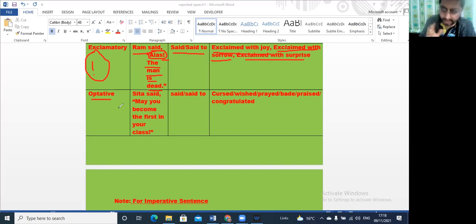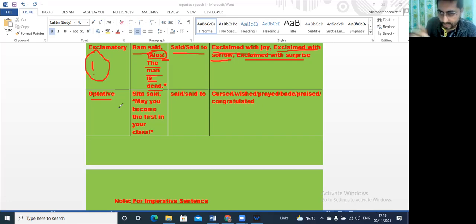Let's not be confused between exclamatory and optative sentence. In exclamatory sentence, there is only the sense which makes difference from optative one.